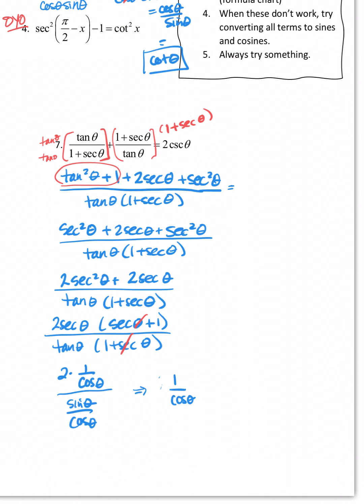If I flip that, I have cosine theta over sine theta. Those cosines cancel out, and I have 2 times 1 over sine theta. What is 1 over sine theta? 2 cosecant theta.